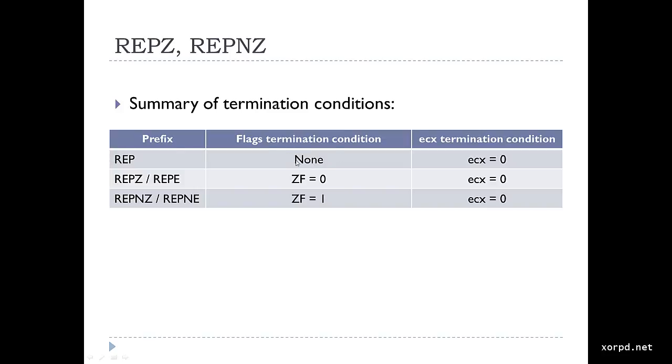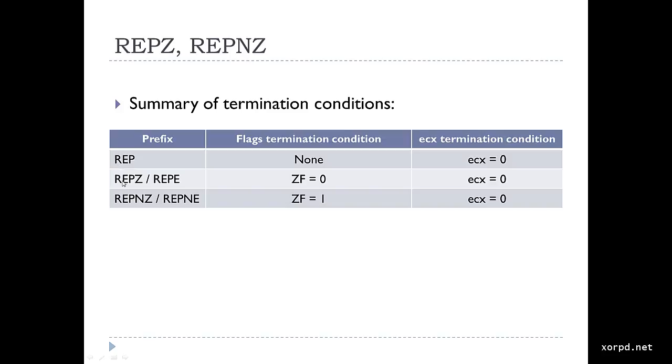It doesn't have any termination condition which is related to the flags, as we have seen. The only termination condition for rep is related to ECX. Rep terminates whenever ECX equals 0. And as you remember, rep decreases ECX in every iteration.